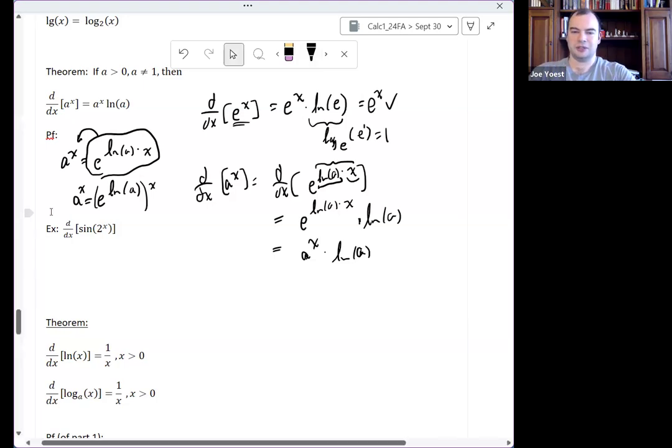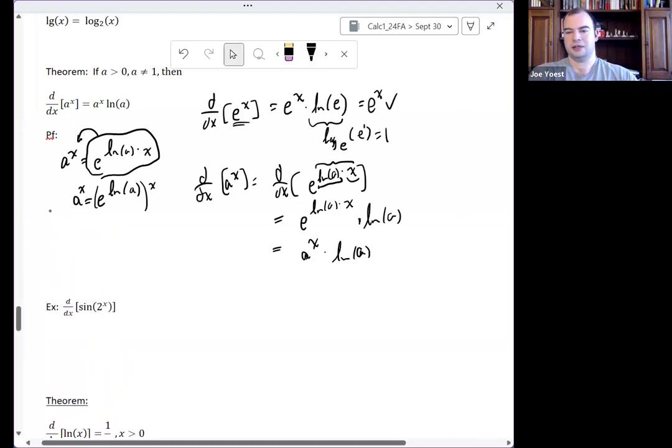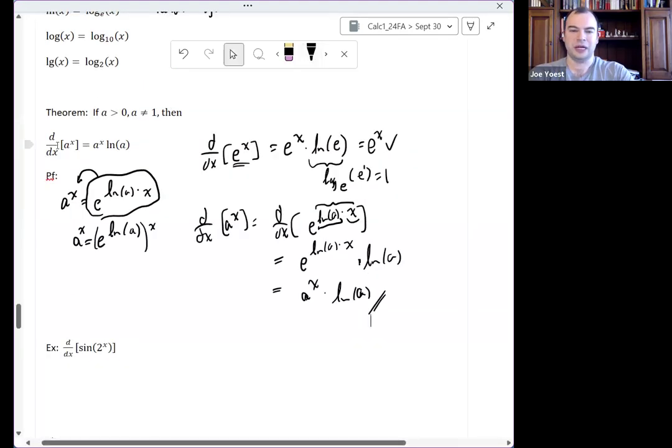So that's a to the x times log a. And that's our proof here. So we now can differentiate any exponential function, again, provided it meets the criteria for an exponential function. Any questions on anything from today?